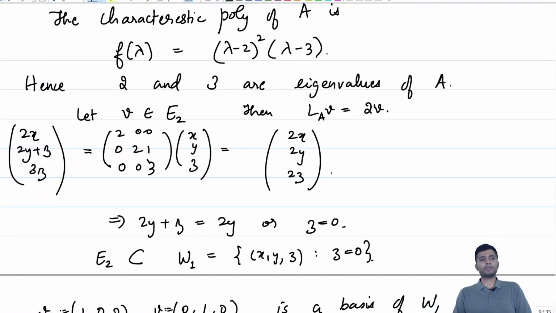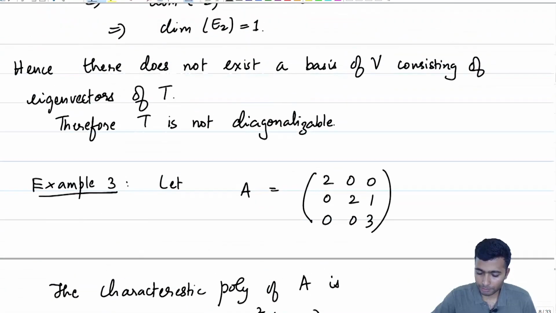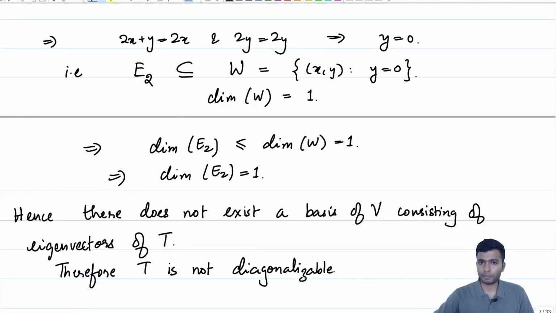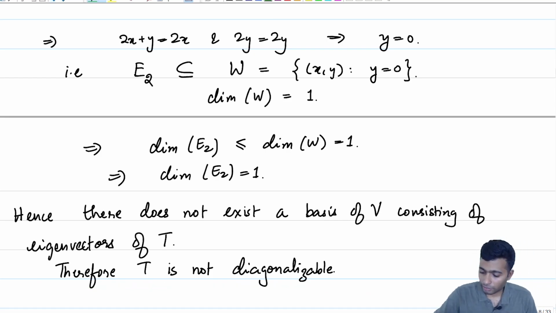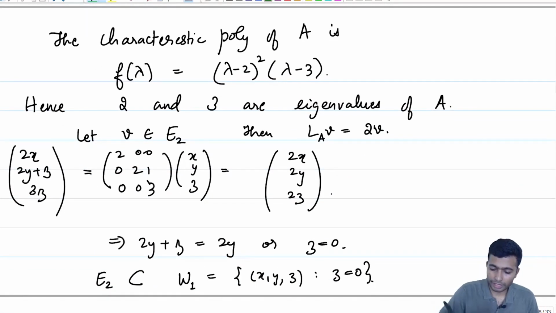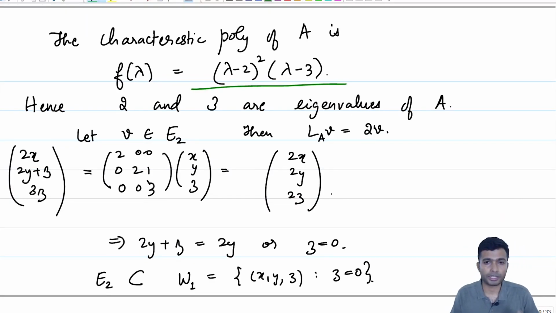We have an example when the characteristic polynomial splits but T is not diagonalizable, the one which was considered earlier, and we concluded that it cannot be diagonalized. Another example where the characteristic polynomial indeed splits, but it does not split into n distinct eigenvalues.